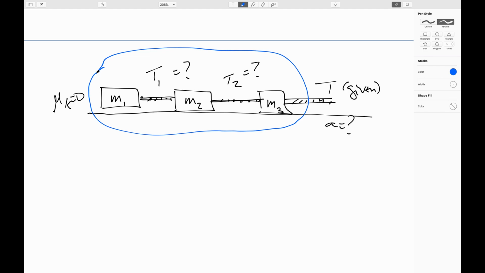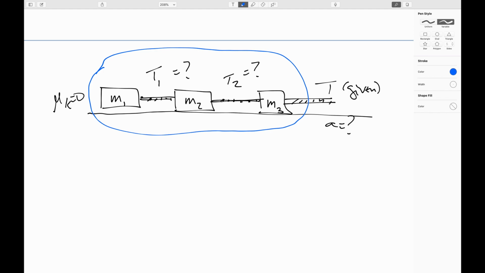By doing that, the tensions in the ropes just become merely details about how the whole composite object is holding itself together, and I don't need to concern myself with them. So this will give me the acceleration right away.